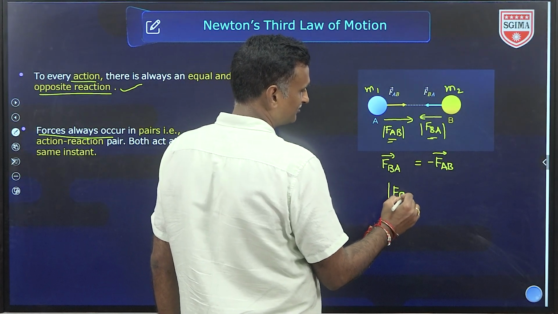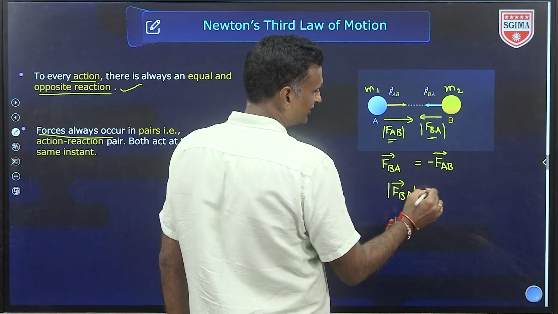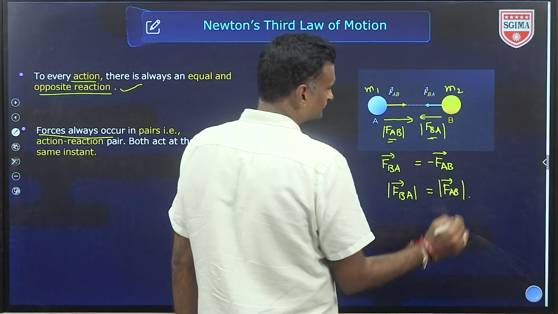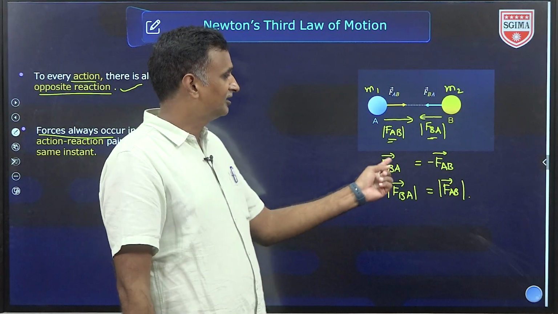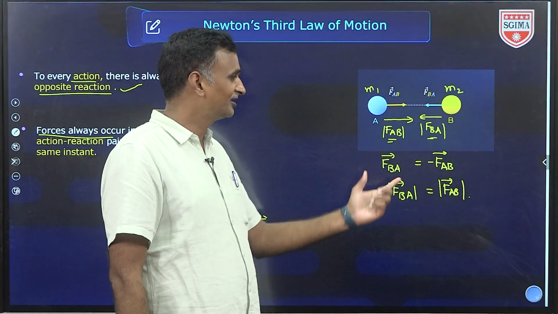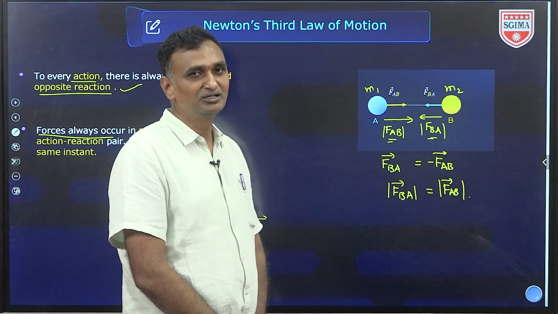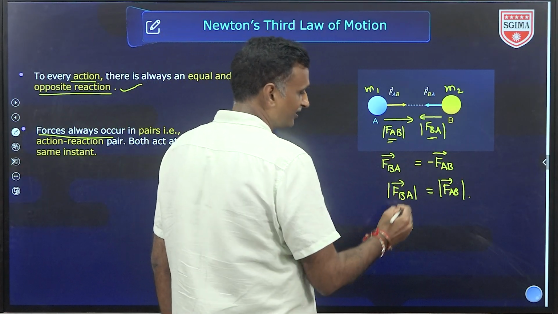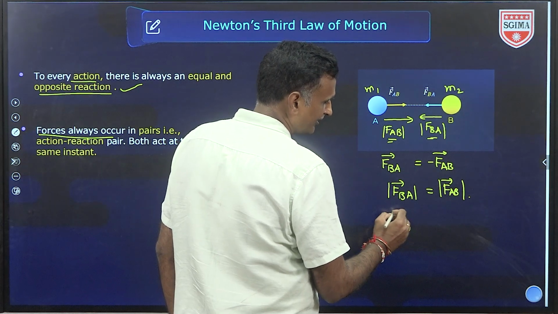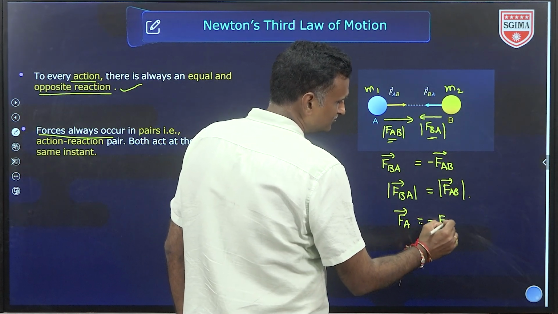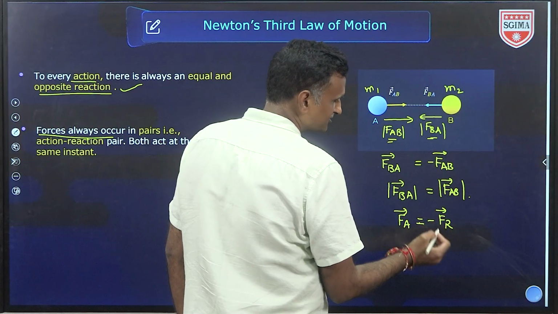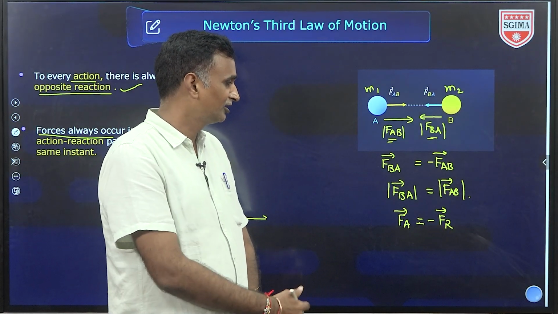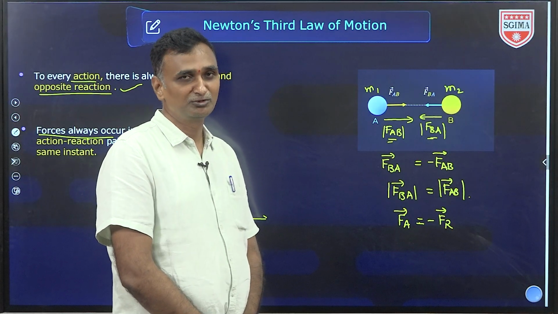When we represent them as magnitudes, they are equal, but in vector form their directions are different, so we use a minus sign. Finally, we can write F action equals minus F reaction, and we can use this in some cases to solve numericals.